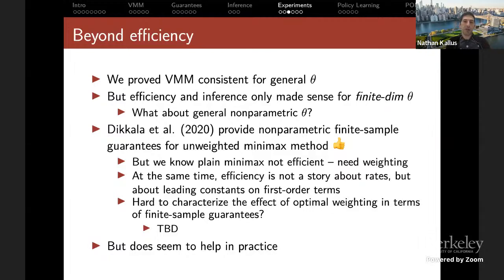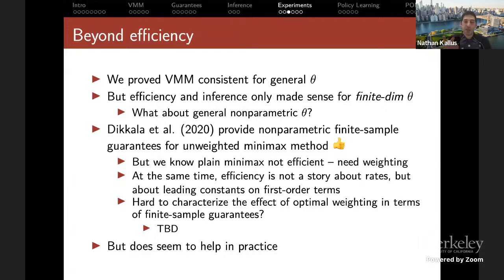But we know that these plain minimax methods are not efficient. So we get the right rates maybe, but we need maybe weighting to get efficiency. But efficiency is not a story about rates. It's a story about the leading constant on first order terms. It's hard to explain what the effect of optimal weighting is in terms of finite sample guarantees.